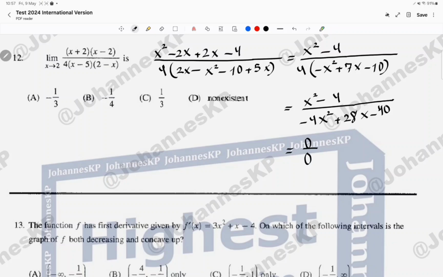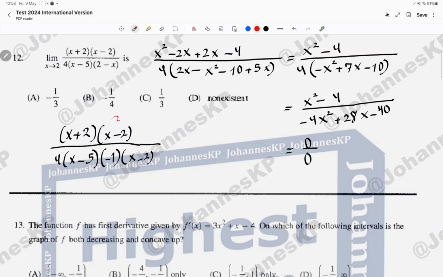How about I try to cancel the x minus 2 with the 2 minus x somehow? So what I could do is essentially factor out the negative from the 2 minus x. So negative 1 times x minus 2.